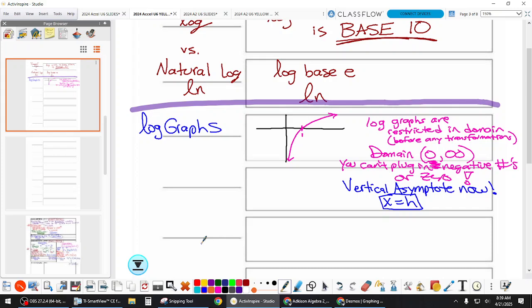So just in our parent graph, common log of x, what is h? If we graph log base 10 of x, what's h? 0, so that's what we're putting up here, right? Is a vertical asymptote of 0. Good? Okay. Do you need a break?